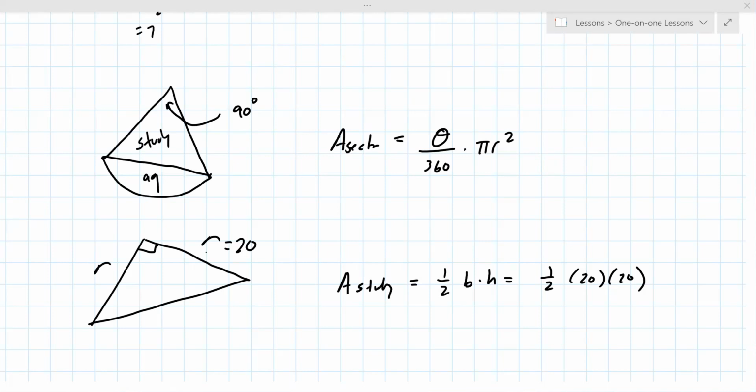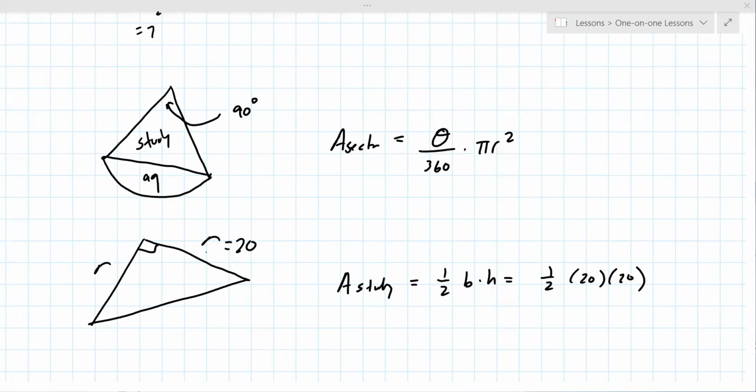So the study is just 1/2 base times height. I'll go back and throw that formula in up at the top. So that's 20 times 20, and the area is 200 feet squared.